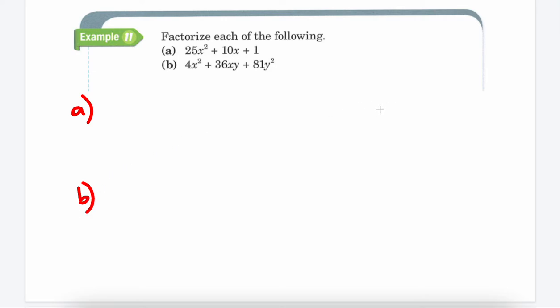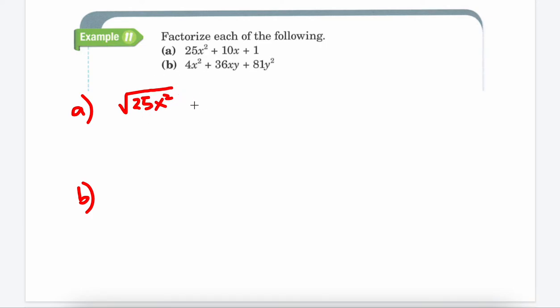Okay, so I'm first looking at A and I see all pluses. And I see that 25x squared, I could find the square root of it.